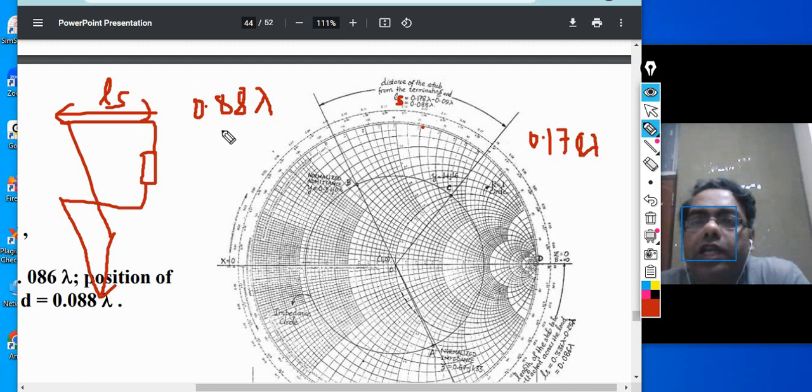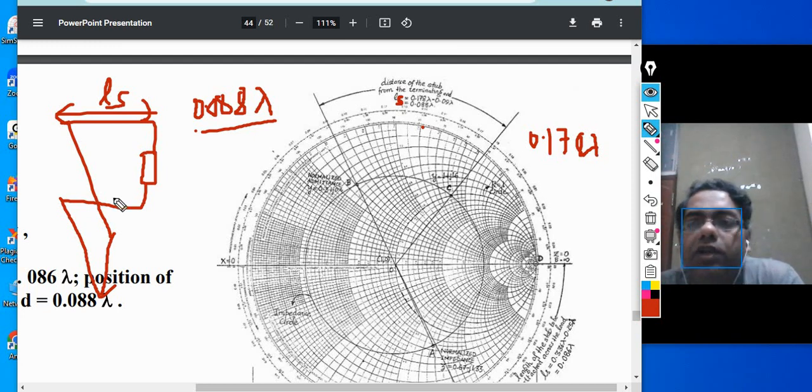So this LS is 0.088 lambda, and if we know frequency we can do c by f and get lambda, so it will give us this distance. So we are at point C.